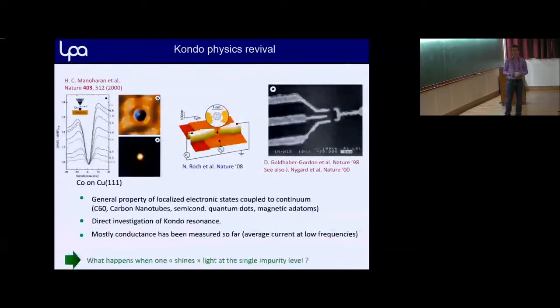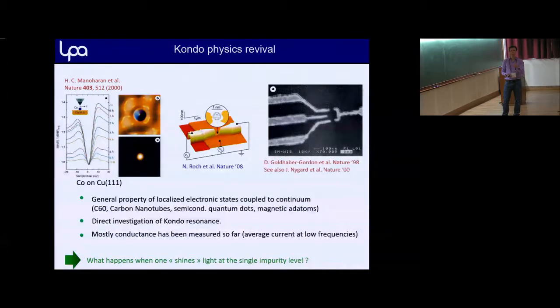But thanks to nanotechnology, there has been a revival of Kondo physics in the late 90s. It has been shown, for example in these three nice examples, that it's a generic property of any localized electronic state coupled to a continuum of electronic states.